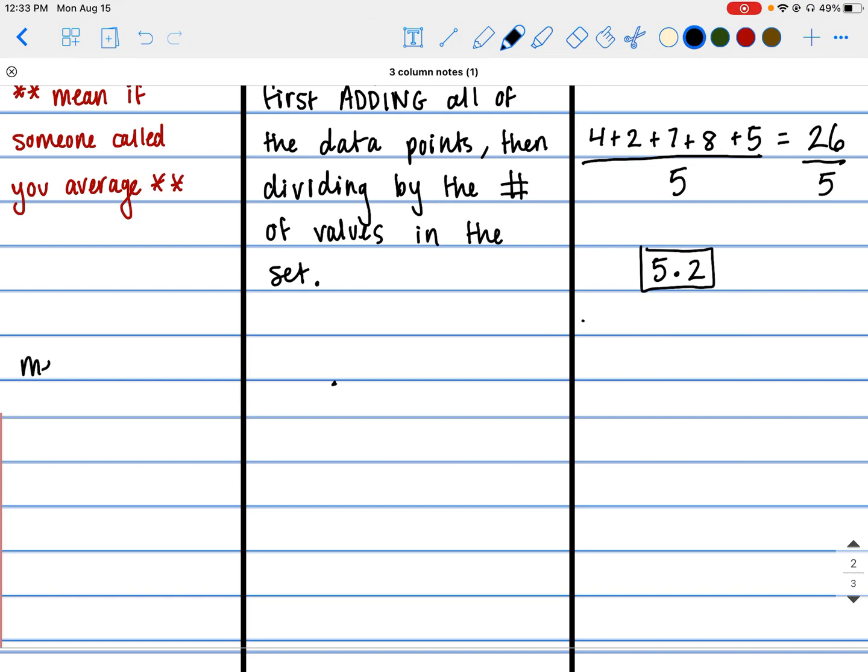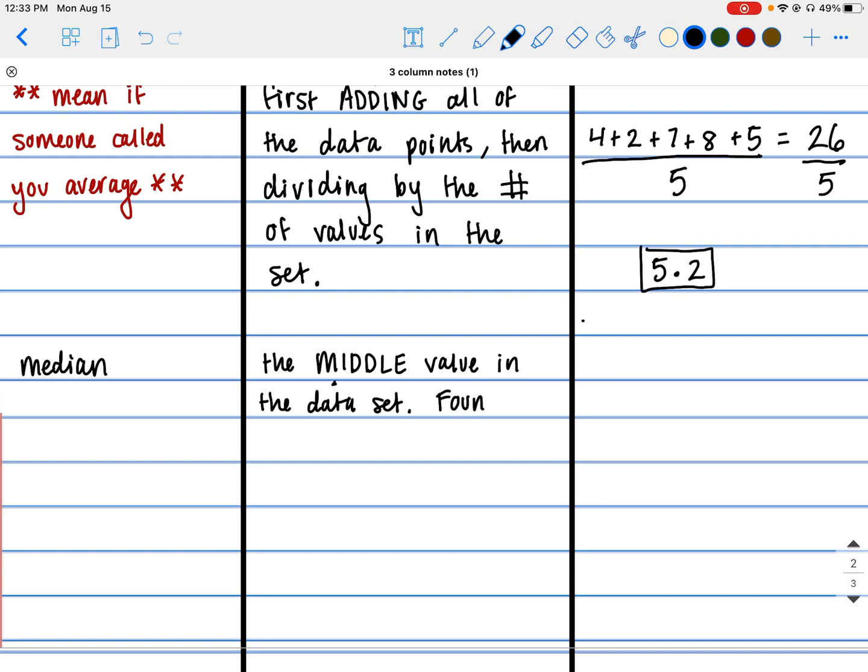Mean and median. Median is another measure of center, and it actually is the middle value. So that's the middle value of the set. I'm going to write middle in all caps since that's the important part. It's the middle value in the data set. And how do we find that?